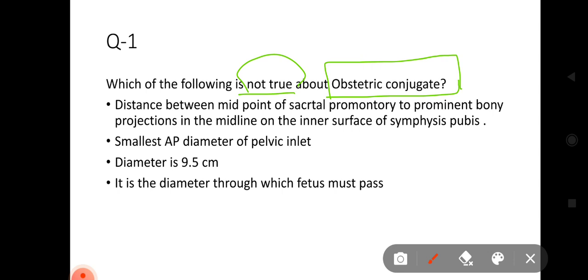Now the question is, which of the following is not true about the obstetric conjugate? First go through all the options. Distance between midpoint of sacral promontory to prominent bony projections at the midline of the inner surface of symphysis pubis. The smallest AP diameter of pelvic inlet, diameter is 9.5 centimeter, and it is the diameter through which fetus must pass. So examiners asked which option is not correct about obstetric conjugate.